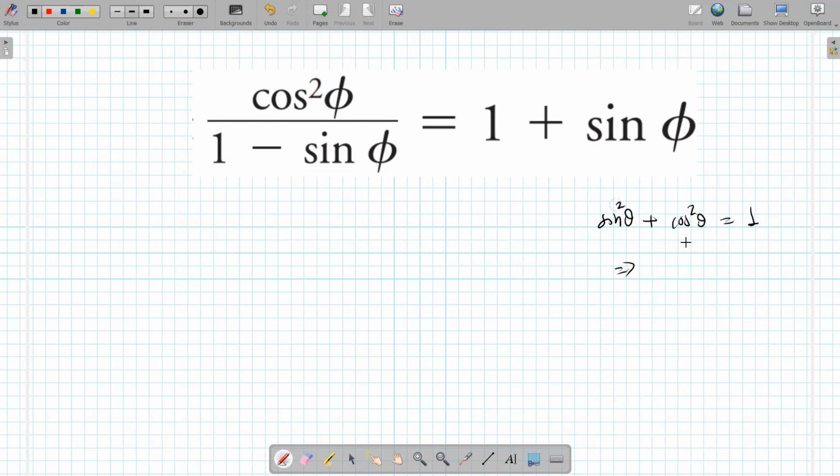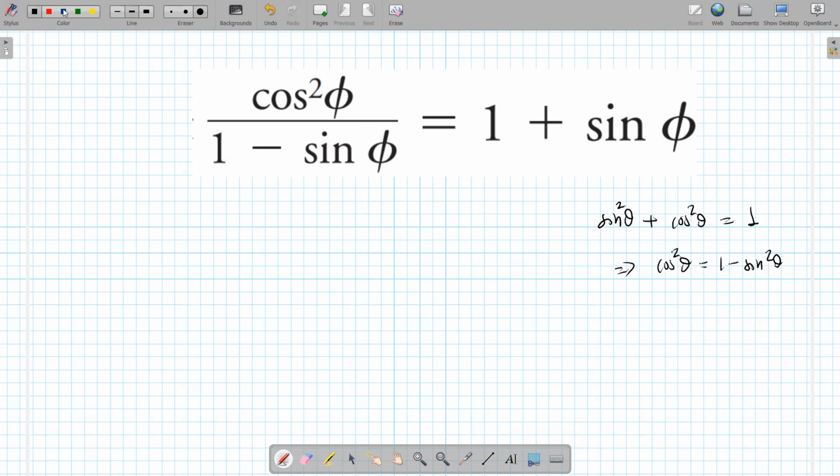What if I want to isolate for cosine squared? What is that equal to? It basically means you want to move the sine squared to the other side. It'll be 1 minus sine squared.